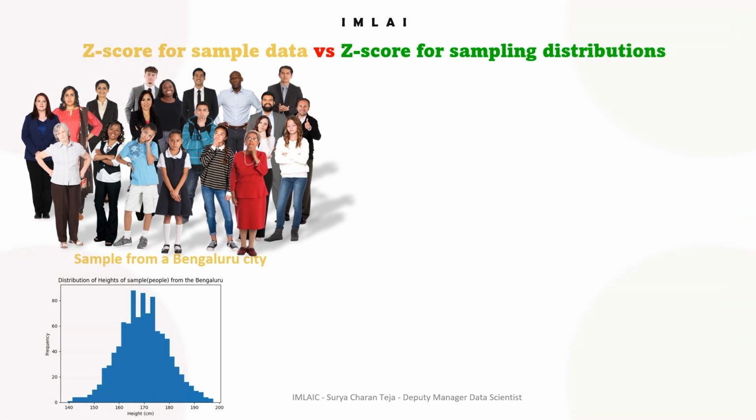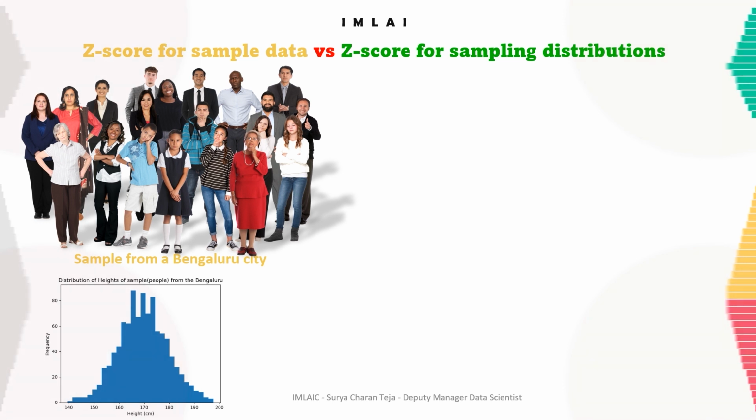Alternatively, when you define the population, z-score can be used to measure the number of standard deviations by which the data points differ from the population mean. This is also called a standard score or z-score or z-statistics.